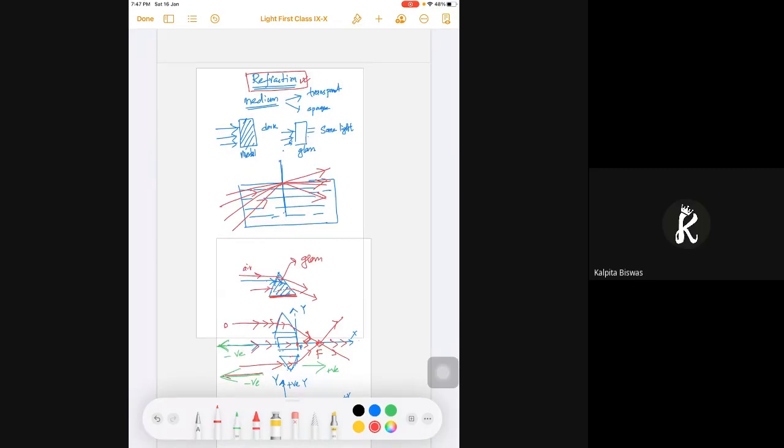If you put a torch from the bottom of the aquarium, there is a medium, water is the medium, and that is denser than the normal or air medium. So when light goes from the denser to rarer medium, always it makes an angle, it changes path. It doesn't go in a straight line, the way the line of incident was there.